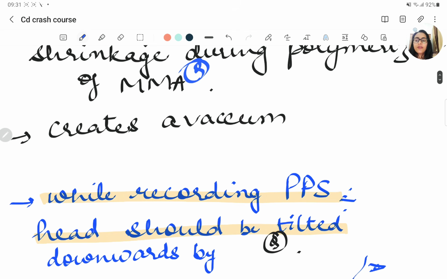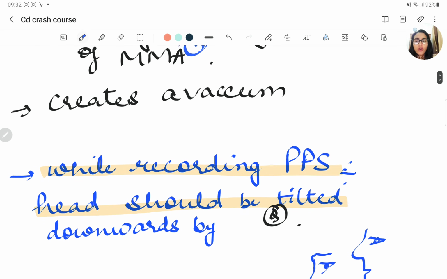The most frequently asked question is that while recording the posterior palatal seal area, the head should be tilted downward by 30 degrees. Remember one thing: when a person chews or eats food, sitting at a dining table, your face is not parallel to the floor.